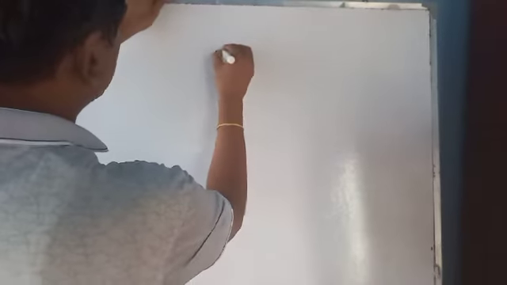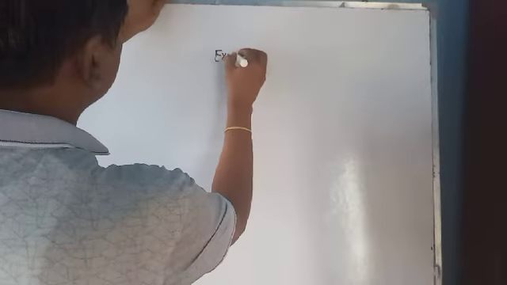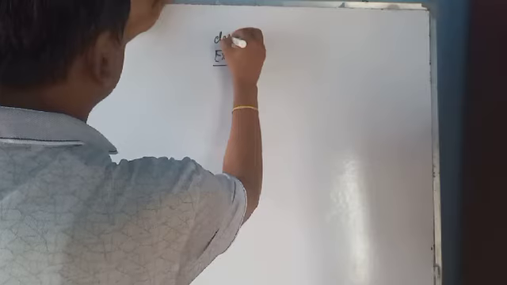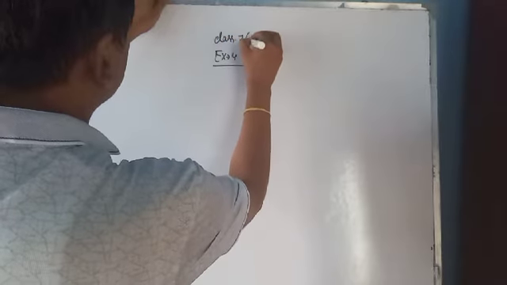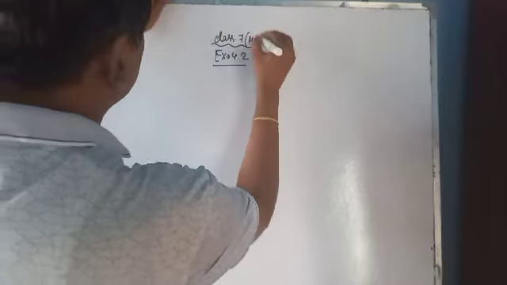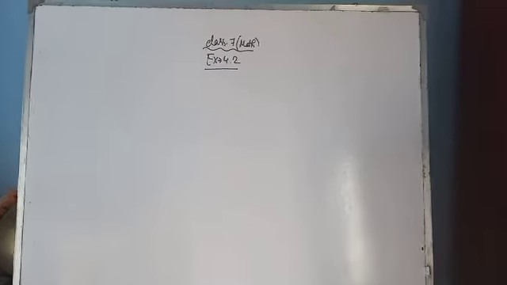Clear? So whatever there, 4.2 exercise. Okay, so here, how can I solve this part?